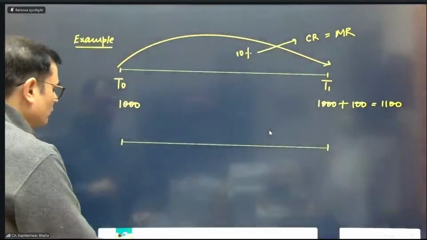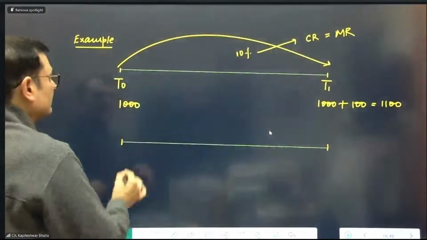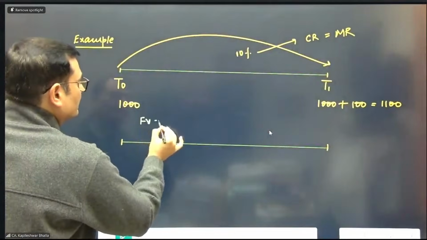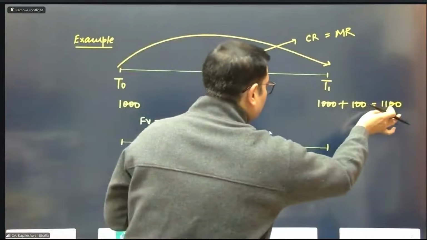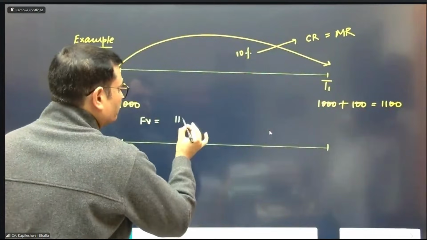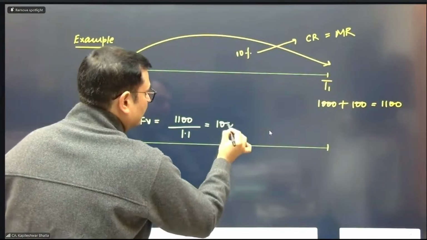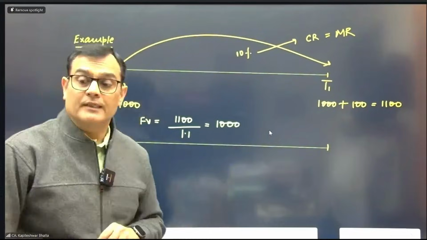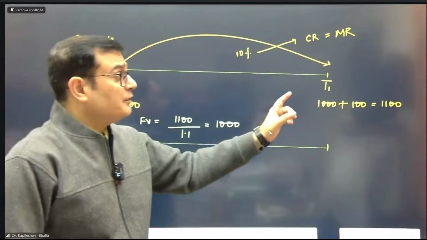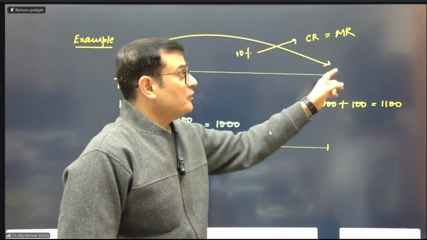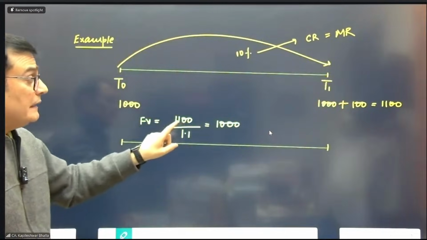Now, if you want to calculate a fair value, we can say whatever is the present value of this money, that is the fair value. I took the fair value at the market rate of interest, which is 10%.